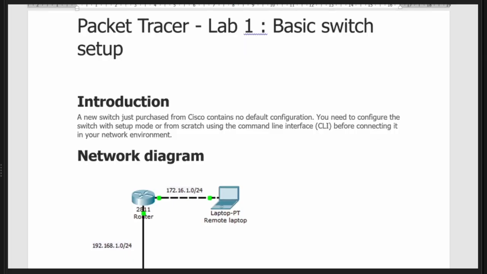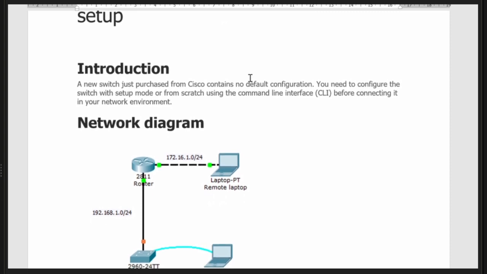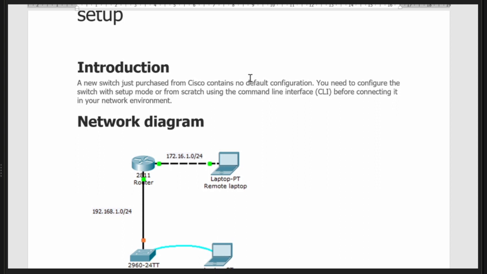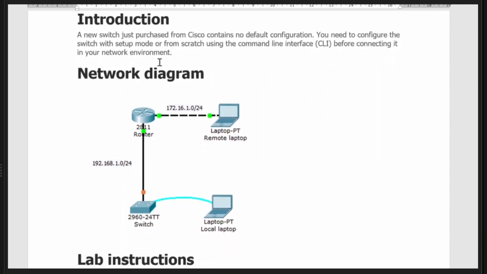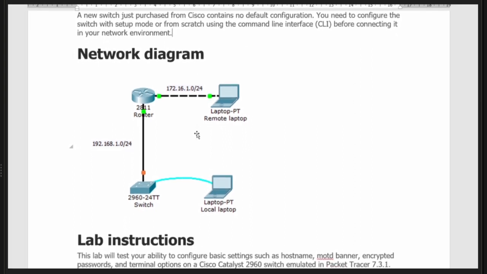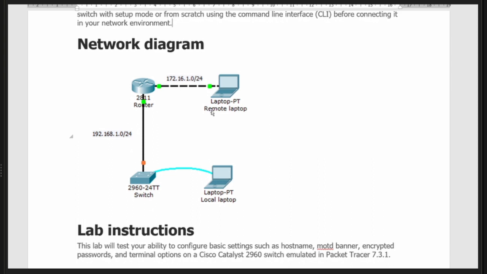So now let us dissect our assignment. You need to configure the switch with setup mode or from scratch using the CLI before connecting it into your network environment. So this is our network diagram.